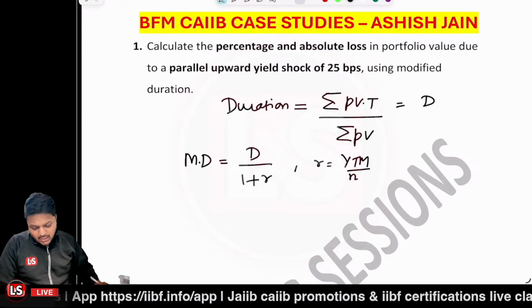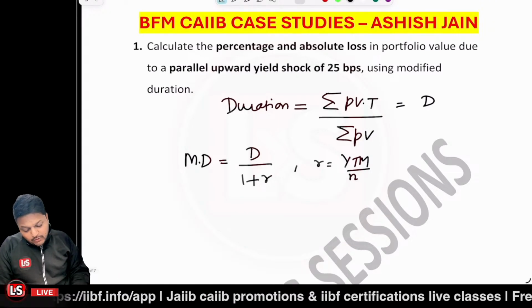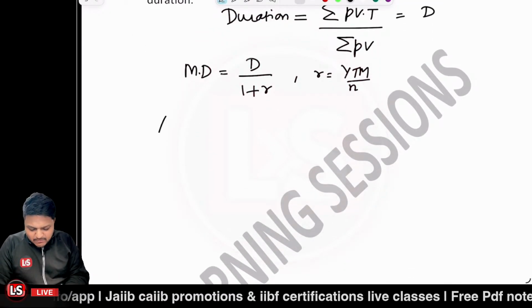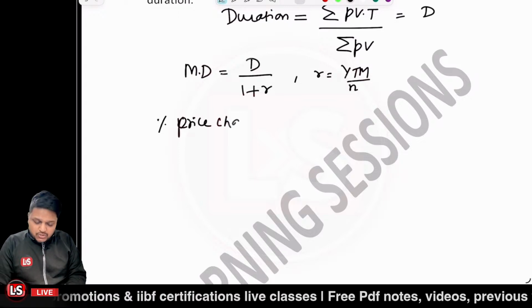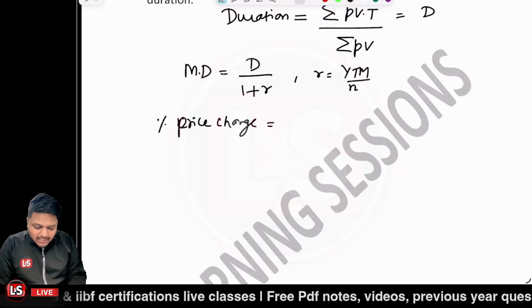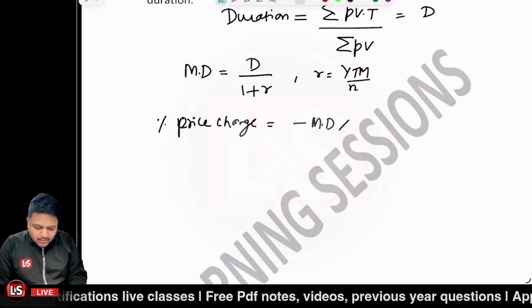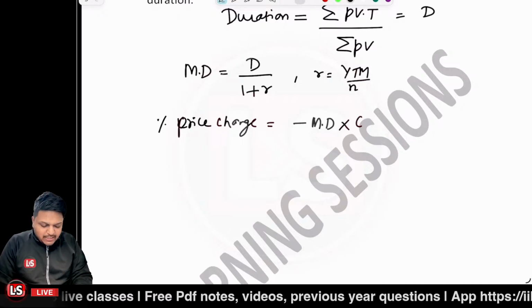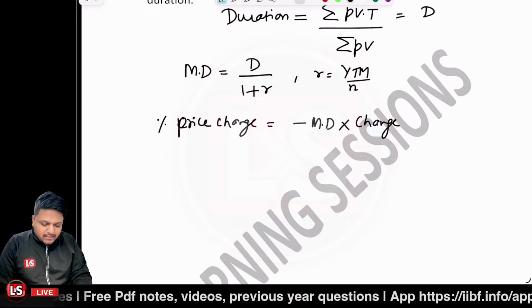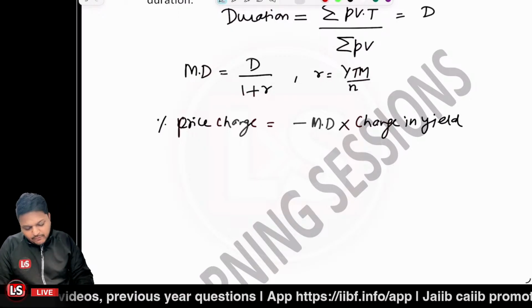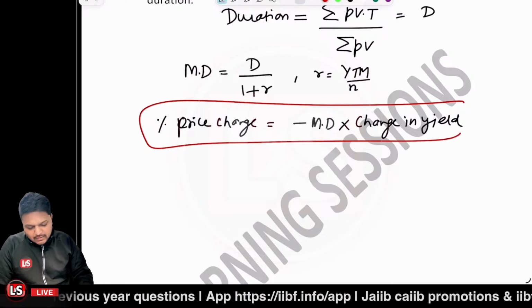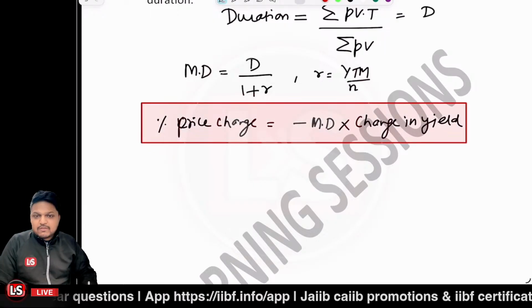Now, under modified duration, I told you one further formula: percentage price change would be equal to negative of the modified duration multiplied by the change in yield. This is very important for this particular question, right?